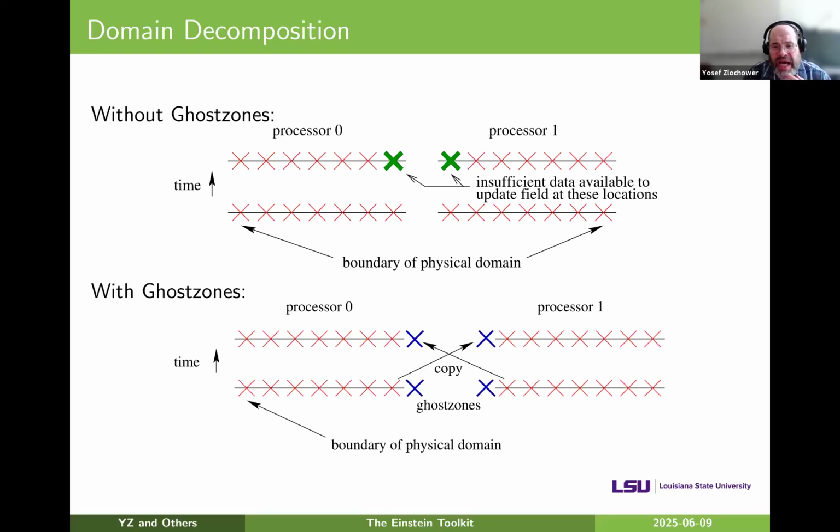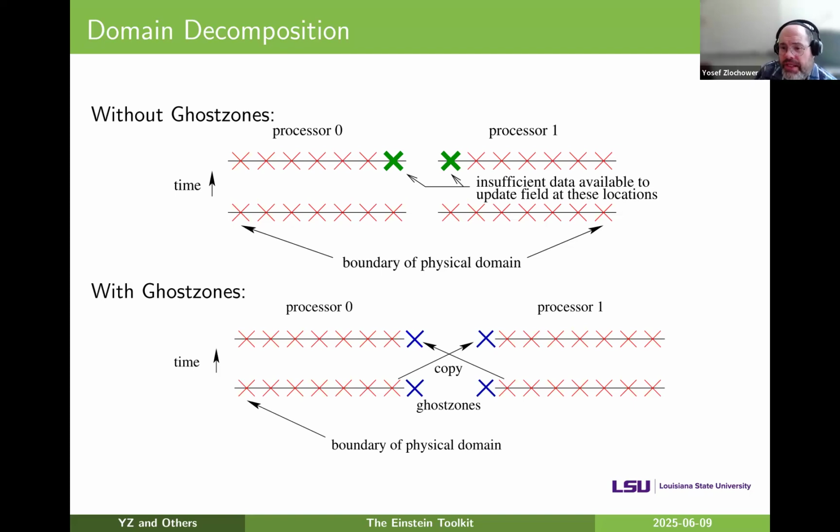Well, if we were to do that, what we notice is if we try to do finite differencing, when we got to the boundary of the grid on one processor, we'd be missing information. We would want to take a derivative, so we would need at least a data point over, but we can't because that data point belongs to another processor. And the same thing would happen for processor one.